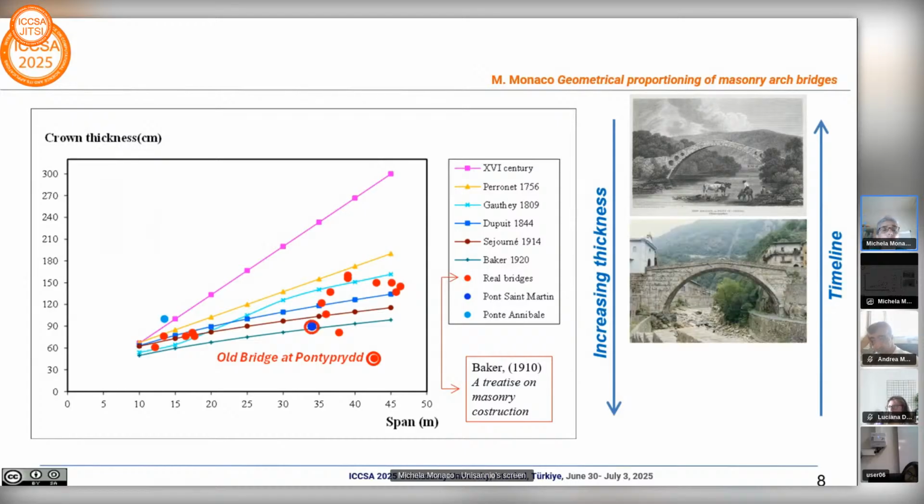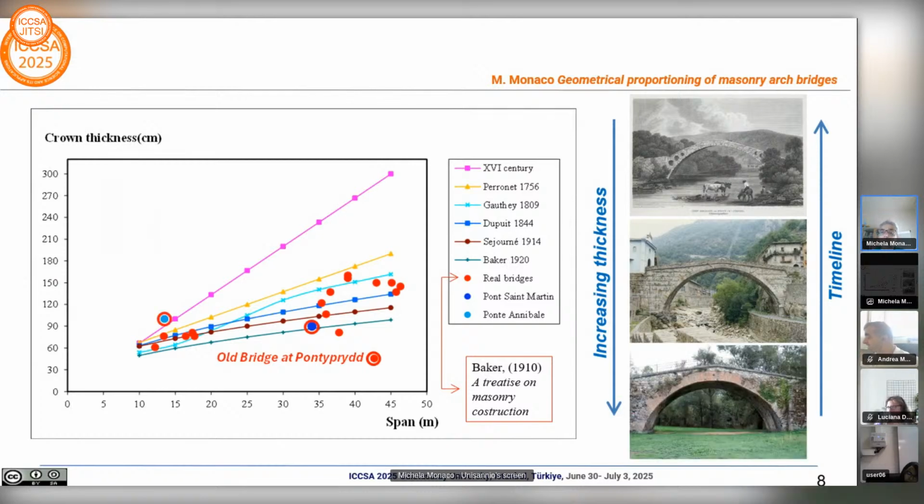The dark blue dot represents a Roman arch bridge in Pont Saint Martin. This too is a circular footbridge, actually in perfect conditions, while the light blue dot refers to another Roman arch bridge in San Mango sul Calore in southern Italy. And as you note, its proportions are far above the Renaissance relations that are the most severe proportions for bridges.